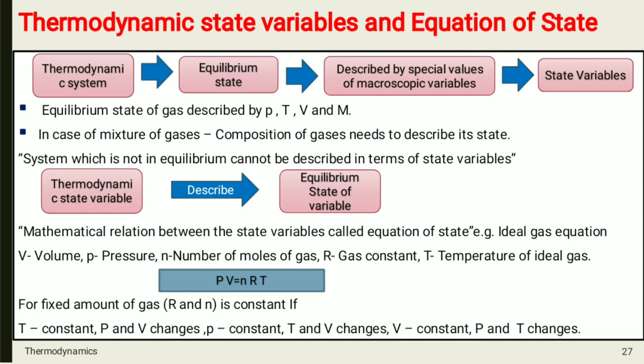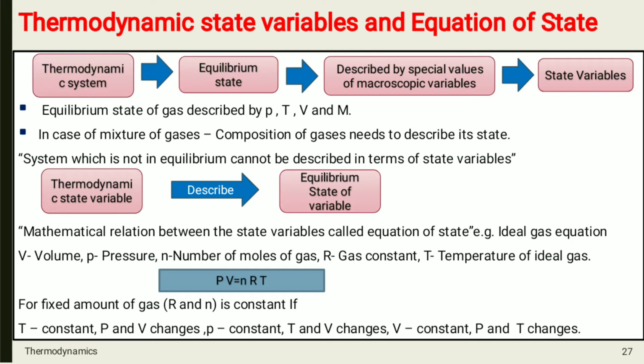Here you can see in the boxes given on your screen that thermodynamic systems which are in equilibrium state are described by some special values of macroscopic variables which are called state variables.